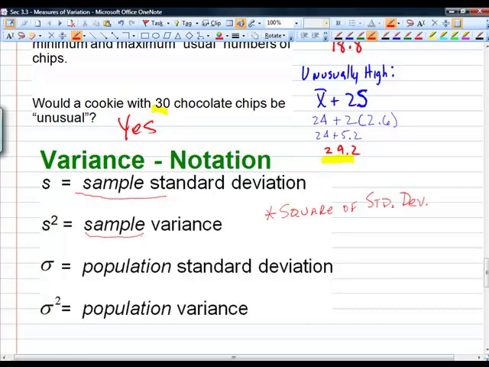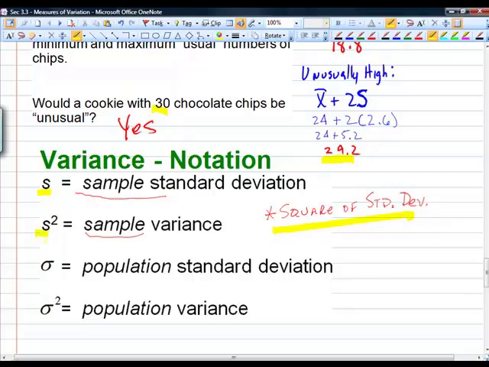It doesn't make a whole lot of sense, but the variance comes in handy in the future when we start working with and manipulating formulas. So that's why it's a value that we're going to talk about. We're not going to talk a whole lot about it here, but this is what you need to keep in mind: the variance is the square of the standard deviation.